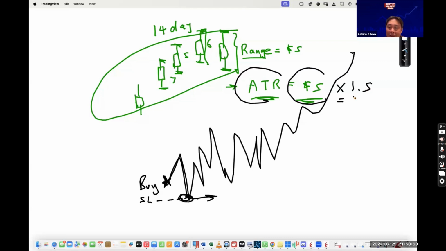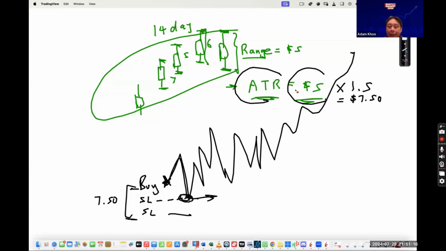So for this stock, I must put my stop loss at least $7.50 away from my buy price. So always make sure your stop loss is at least 1.5 ATR away from your entry price, so it will not be hit easily by the daily volatility.